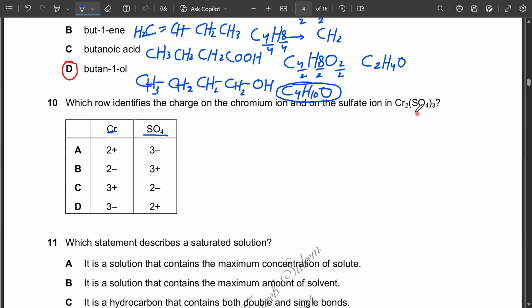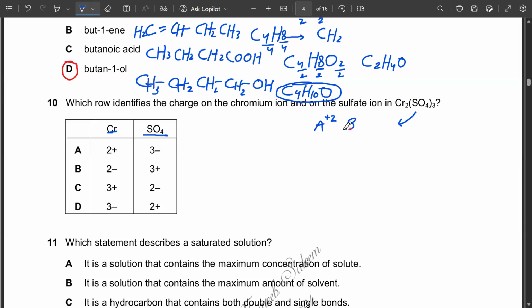If we split this formula into its respective parts, you are already familiar with the construction of the formula. That means the charges are basically crisscrossed to make the formula.